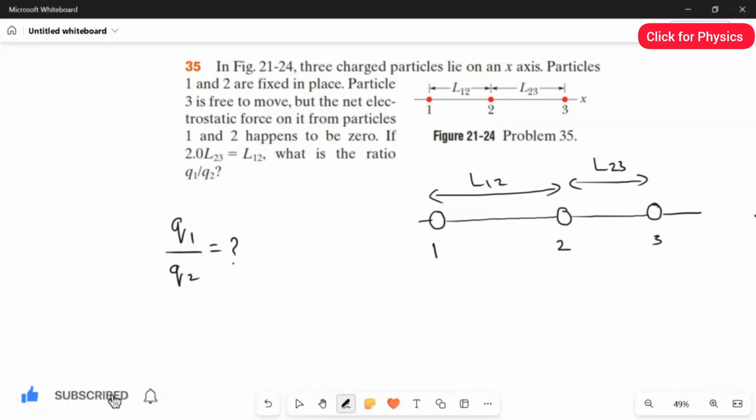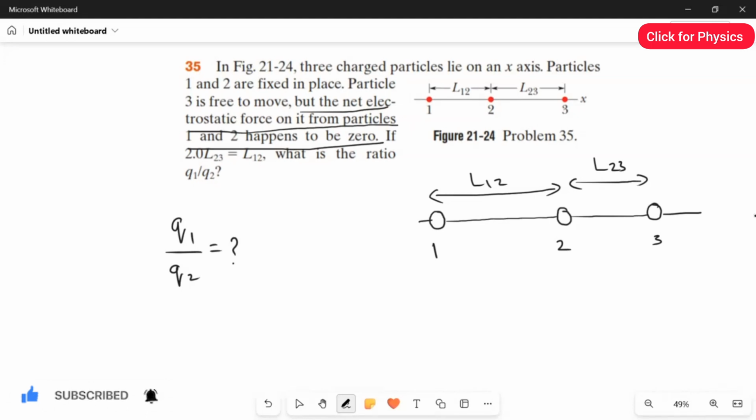And you have to read this line very carefully: the net electrostatic force on it from particles 1 and 2 happens to be 0. That means the electrostatic force interaction of 1 on 3 and 2 on 3 is equal to 0.